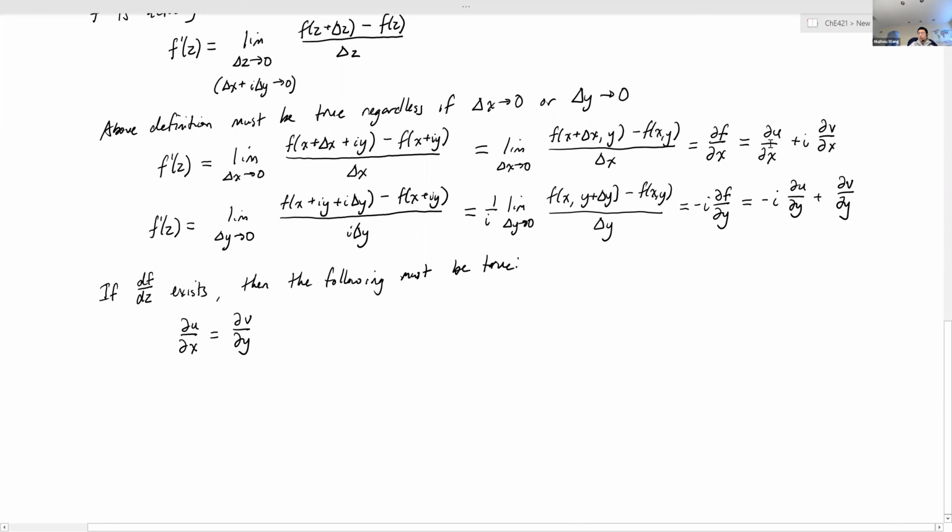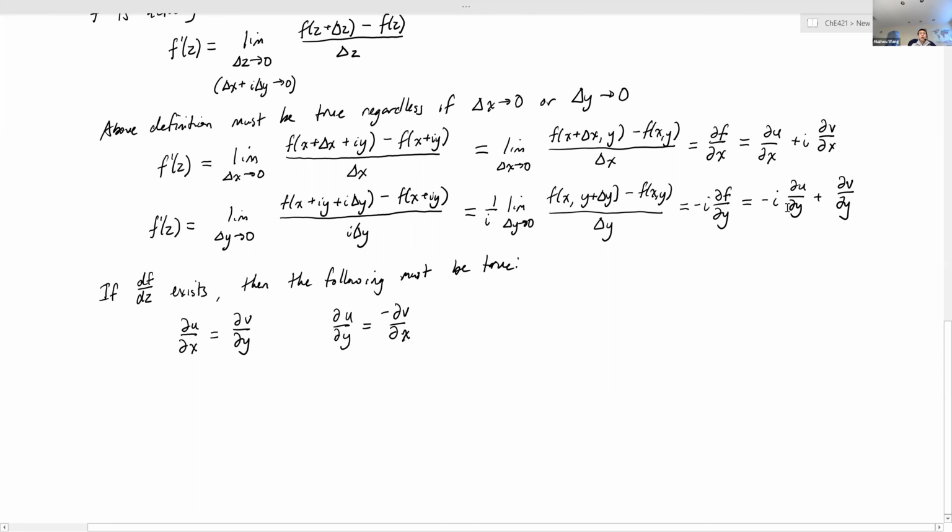In other words, this real component here has to be the same as this real component here, right? Otherwise, the derivative would be different depending on which way I take the derivative. Okay, and that can't make sense. And then likewise, du dy has to equal negative dv dx, right? The imaginary components also have to be the same right here. Okay.